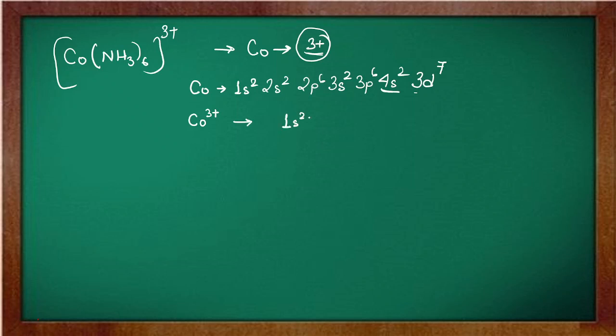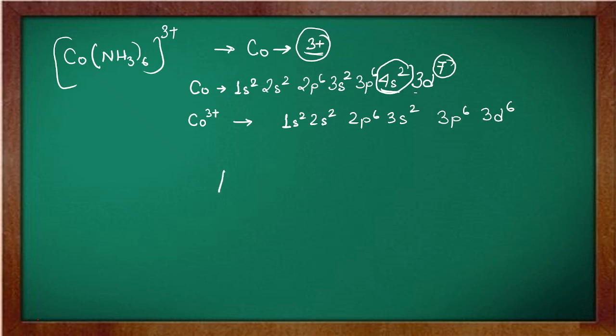That will be 1s2, 2s2, 2p6, 3s2, 3p6 and 3d6. Here 2 electrons will go from the 4s orbital and 1 electron will go from the 3d orbital, so it will become 3d6.